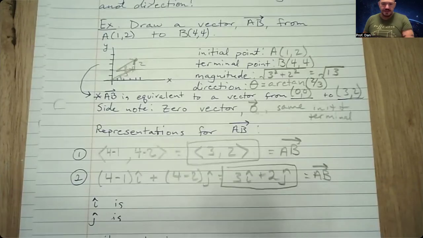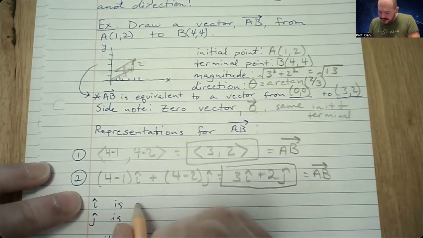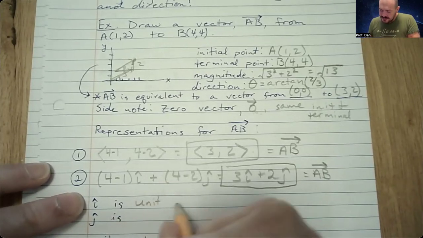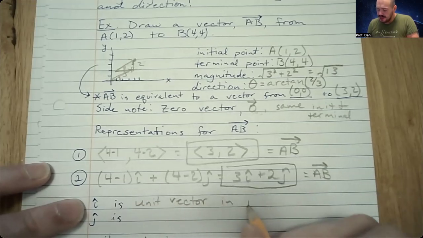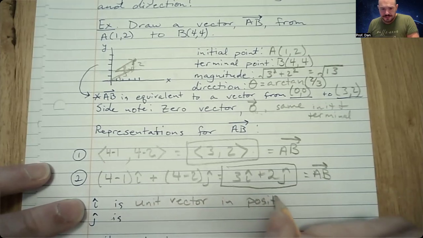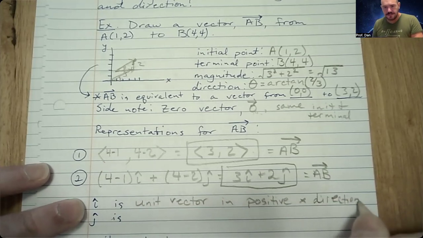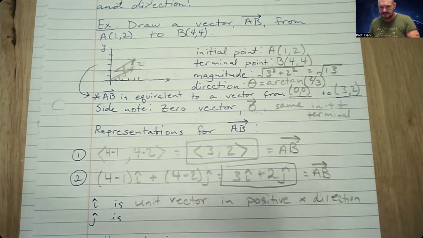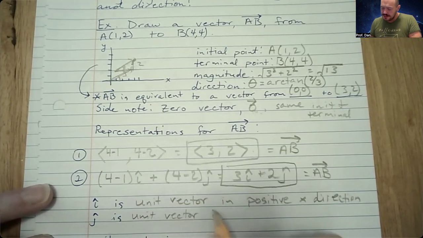Officially, because this concept is also important for us to understand, i is a unit vector in the positive x direction. j is a unit vector in the positive y direction.